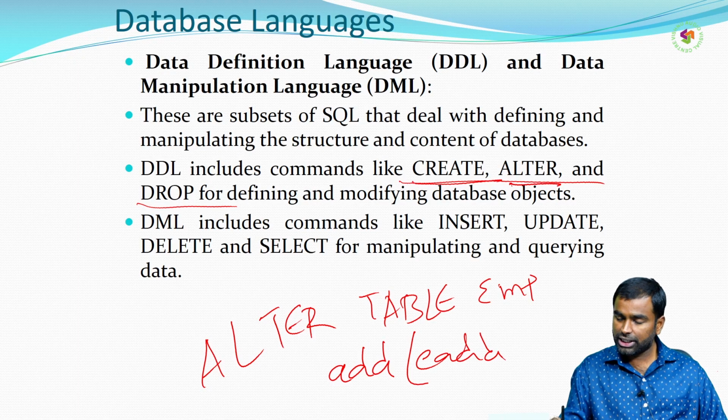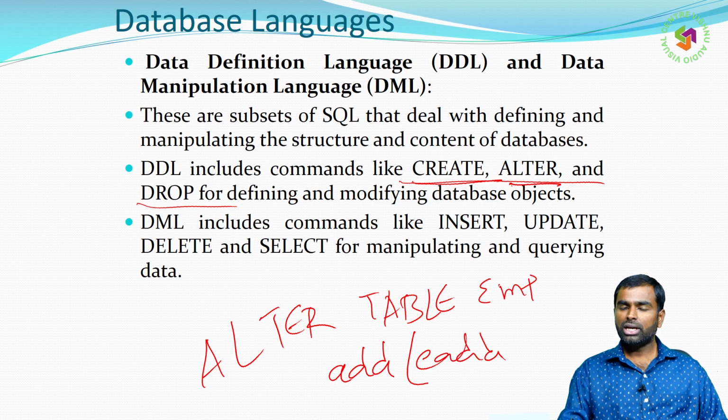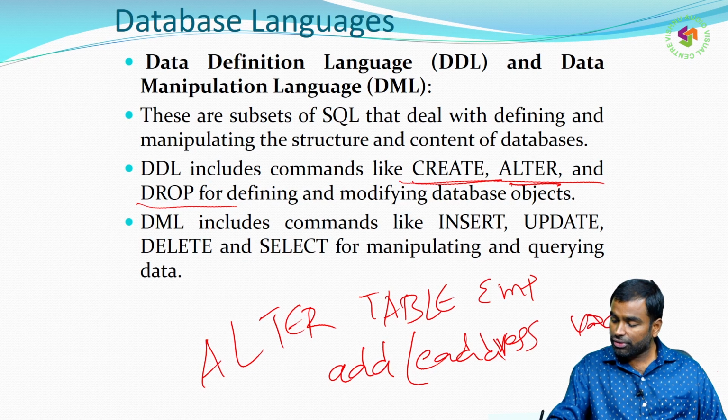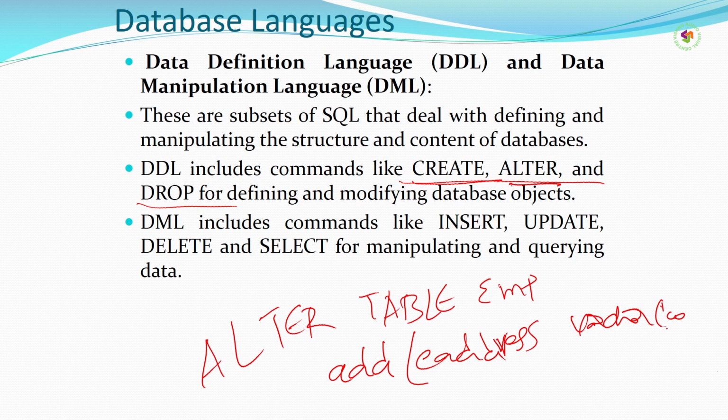For example, if you did not give e-address at table creation time, you can add it here: e-address varchar of 10.